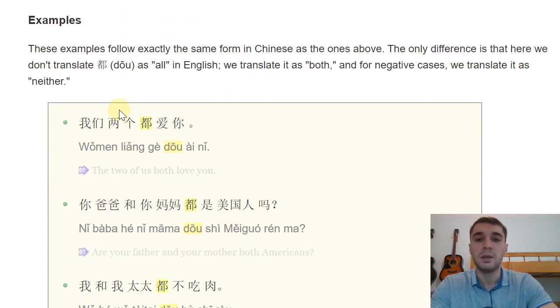Examples. These examples follow exactly the same form in Chinese as the ones above. The only difference is that here we don't translate 都 as all. In English, we translate it as both, and for negative cases, we translate it as neither. Okay? So in Chinese, just say 都, very easy for everything.